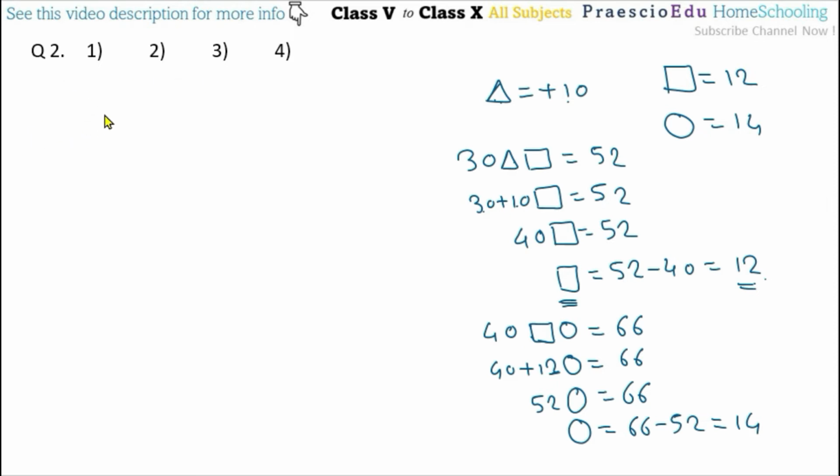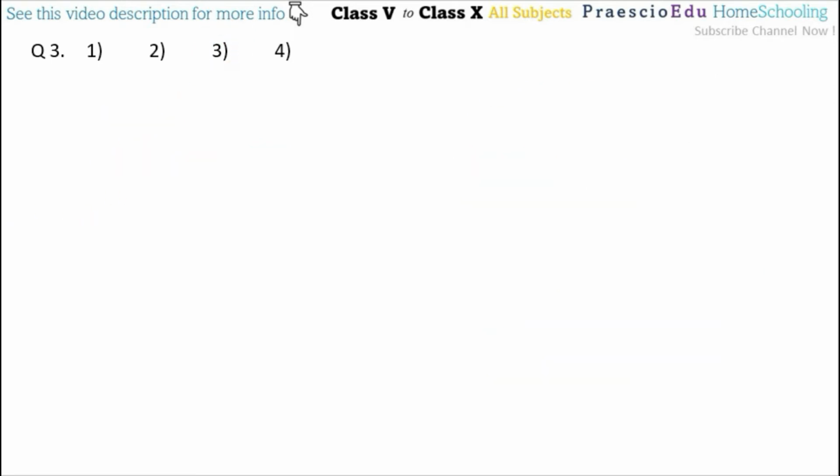Now on this basis, question number 2 and question number 3 we are going to solve. So in question number 2, that is 3, then circle and the triangle. So 3 circles' value is 14 plus 14, and then plus this triangle, which is 10. So this 24 plus 3, that is 27, and 27 is given in option number 3. Now question number 3, so that is 15, then this square and the circle is equal to how much?